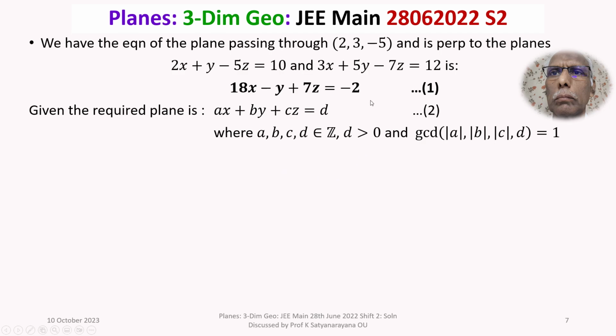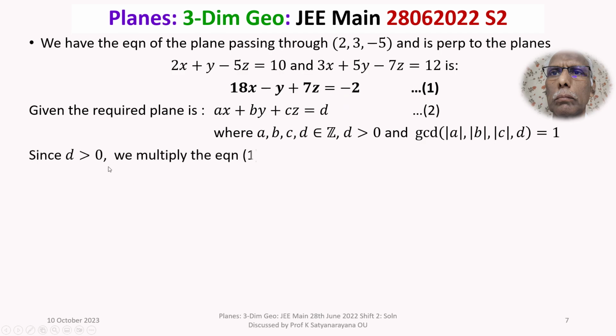Now, if we look at equation 1, that is the required equation, but I have to put it in this form. In the required form, d is a property, what he says is d must be greater than 0. First, we catch hold of that. To make d positive, since d is here minus 2, multiply throughout equation 1 by minus 1, and thereby this constant term will be plus 2.